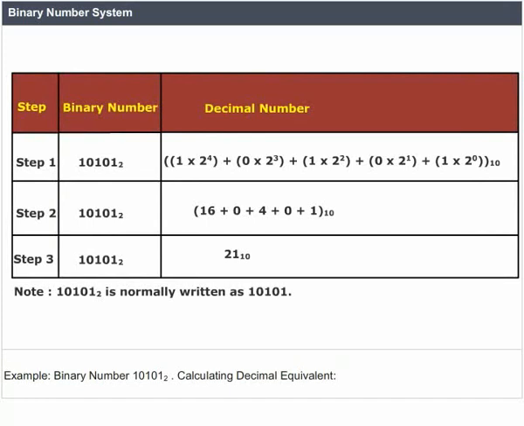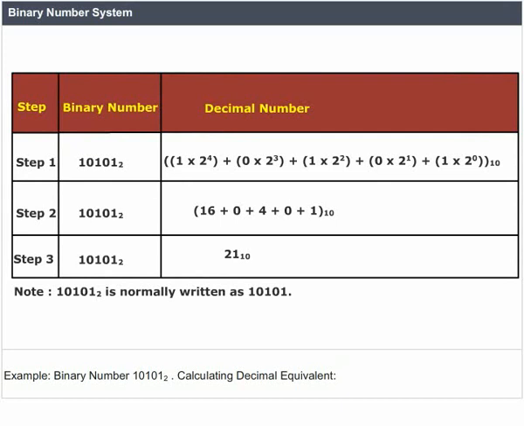Calculating decimal equivalent. Step 1. 10101 to the base 2 equals 1 multiplied by 2 to the power 4 plus 0 multiplied by 2 to the power 3 plus 1 multiplied by 2 to the power 2 plus 0 multiplied by 2 to the power 1 plus 1 multiplied by 2 to the power 0, to the base 10.